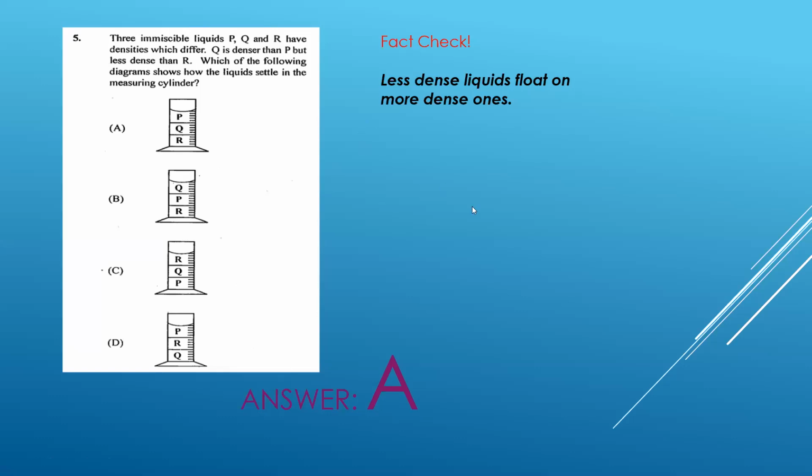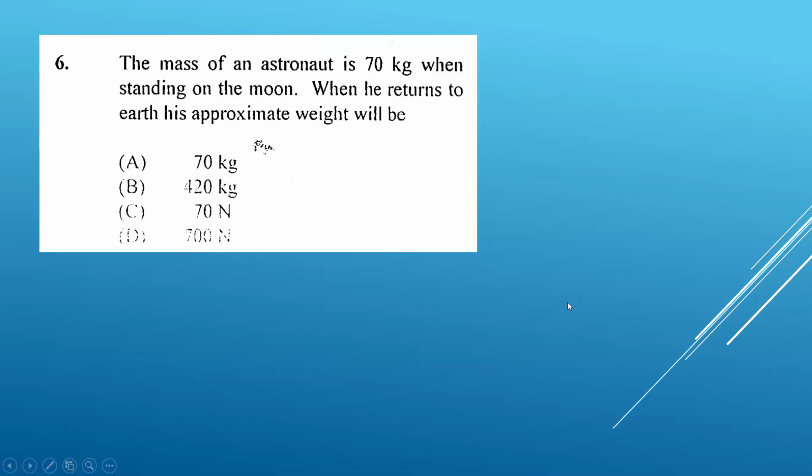All right, so next question. The mass of an astronaut is 70 kilograms when standing on the moon. When he returns to Earth, his approximate weight will be what? Even though you are given mass, the mass doesn't change.